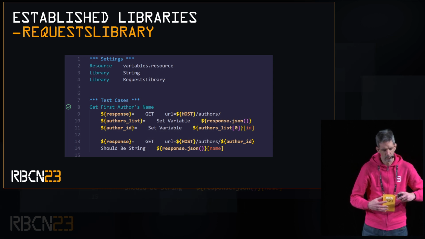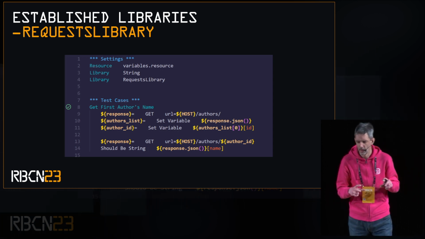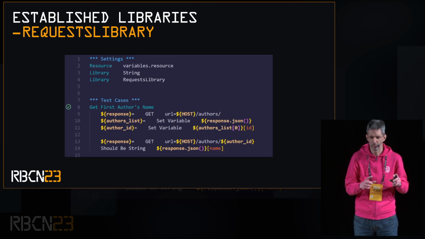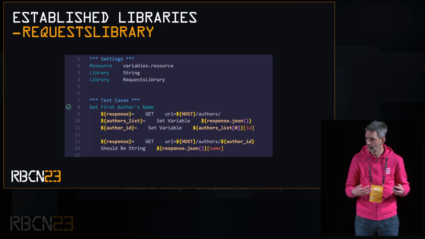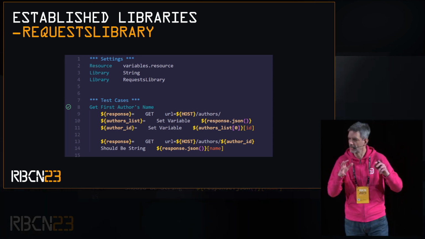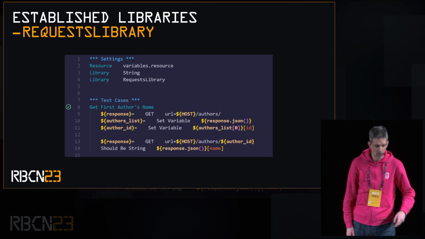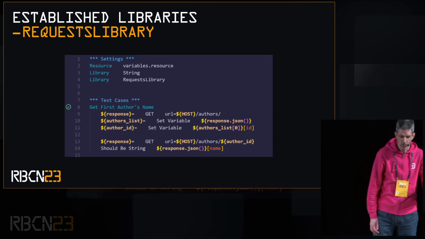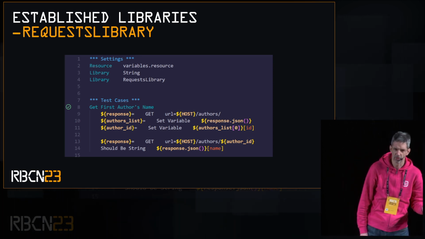Now, I have some very simple code snippets to show the difference between the libraries. They all do the same thing, but you get a glimpse of the differences. We do a get on a URL, on a host, with an authors endpoint, and we get a response.